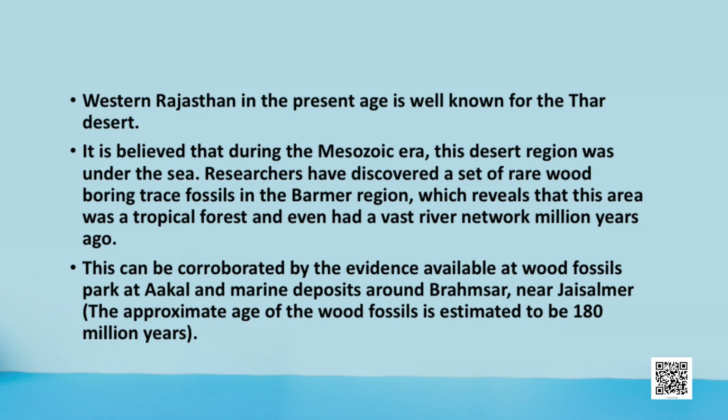This is further supported by the evidence available at the Wood Fossils Park at Akal and marine deposits around the Brahmasar region near Jaisalmer. The approximate age of the wood fossils is estimated to be 180 million years.